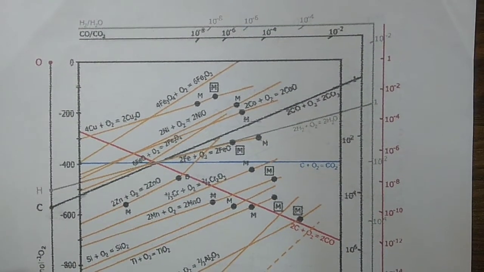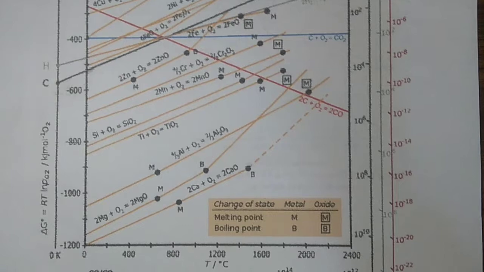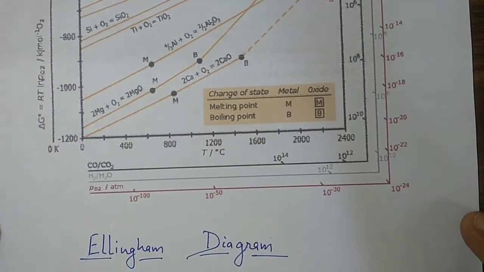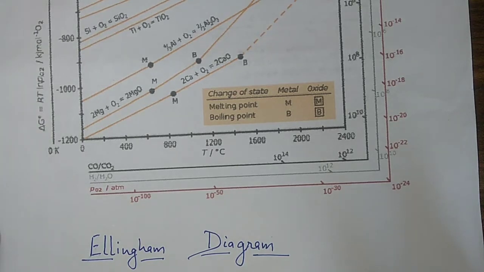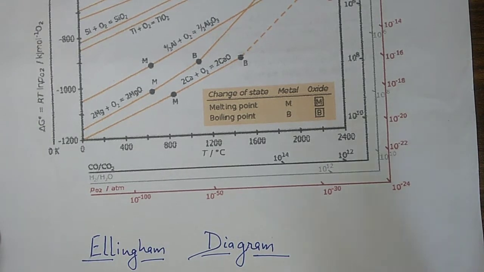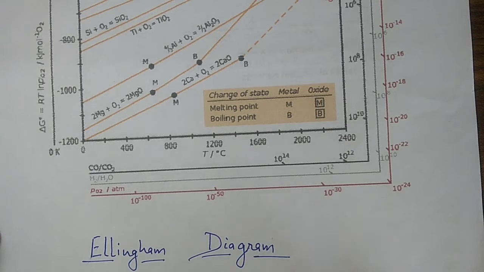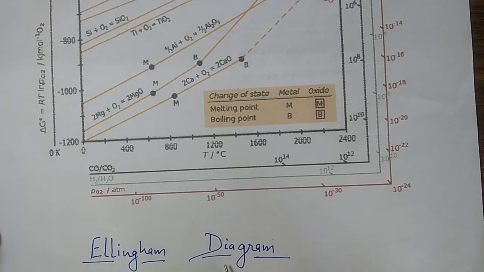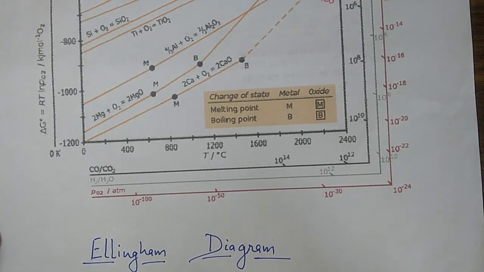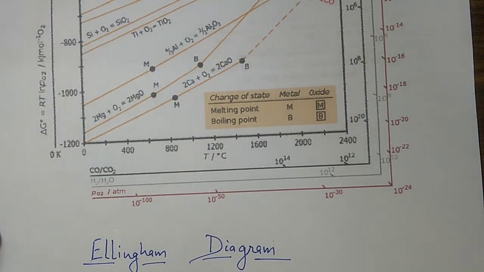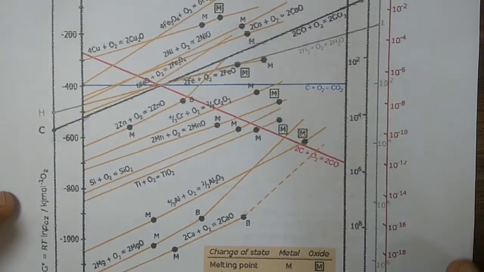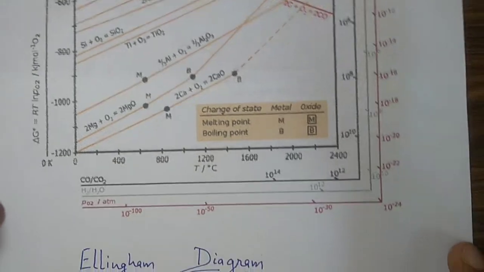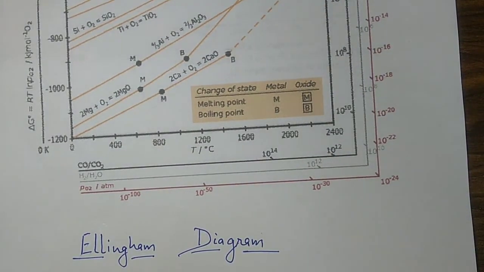This diagram, this graph, this plot is known as Ellingham diagram, and we'll discuss what this is and the use of free energy consideration in metallurgy through Ellingham diagram. This is a plot, or you can say it is a graph, that is called Ellingham diagram.